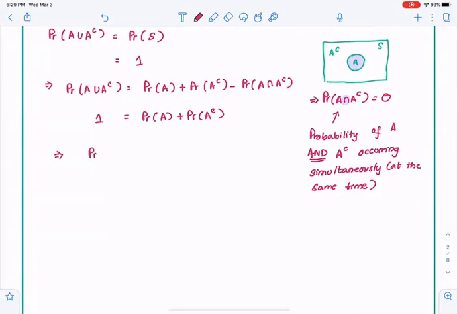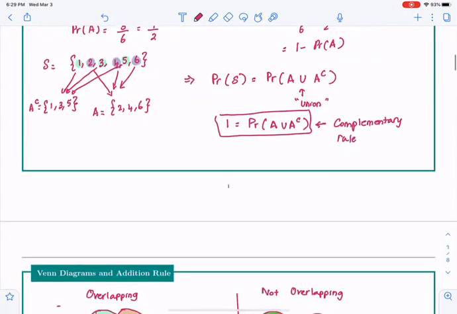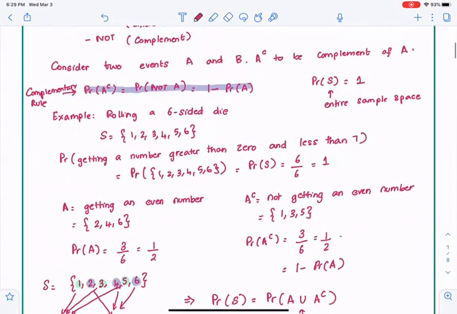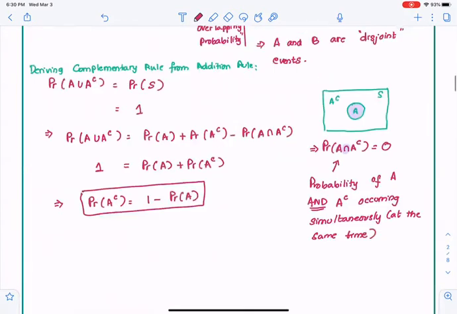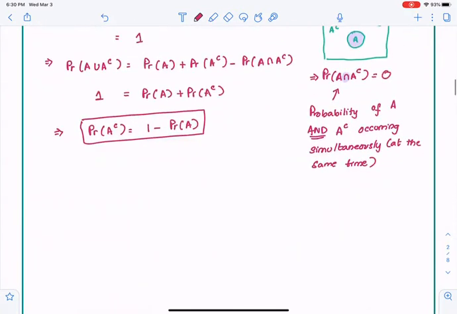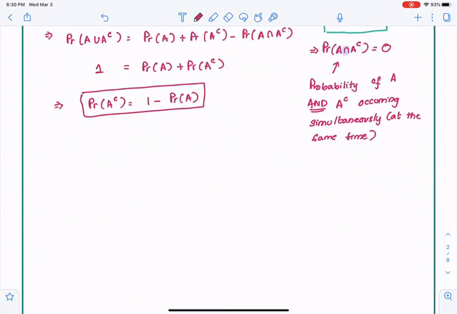If I rewrote that, the probability of A complement, I'll move the probability of A to the other side: 1 minus the probability of A. And that is simply the complementary rule I arrived at earlier, using A and not A. So this is one way of looking at the complementary rule using the addition rule. The concept of events not occurring at the same time are also known as mutually exclusive events.